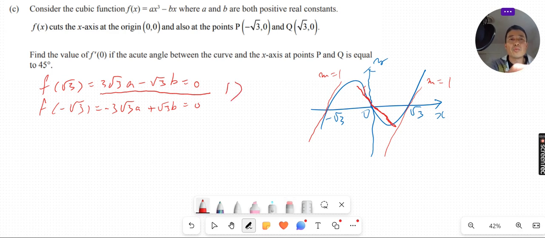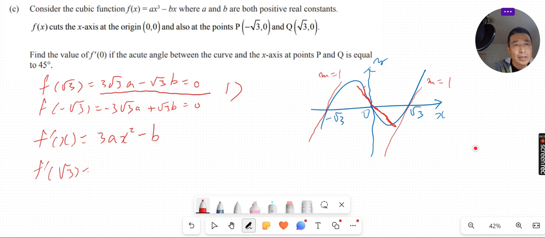Okay, and then we have to use the derivative to find the second equation. All right, so when we differentiate f of x, we get 3ax squared minus b, isn't it? And over here, when you plug in, say, square root of 3, it would be easier.